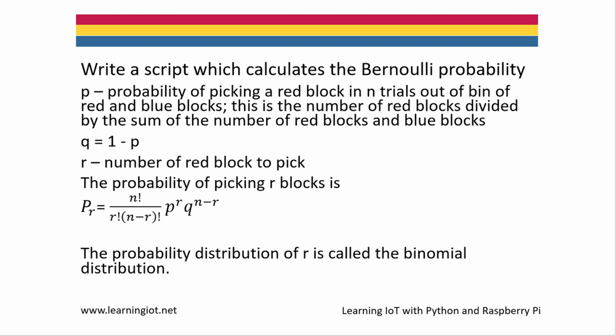Then the probability of obtaining R red blocks is computed as n factorial divided by R factorial, where R is the number of red blocks that you want to pick out, times n minus R factorial, where n is the number of trials, times the probability of picking a red block raised to the power of R, the number of red blocks that you're trying to pick out of the box, times Q, where Q is equal to 1 minus P, raised to the power of n minus R, where n, again, is the number of trials, and R is the number of red blocks that you're attempting to pick out of the bin.